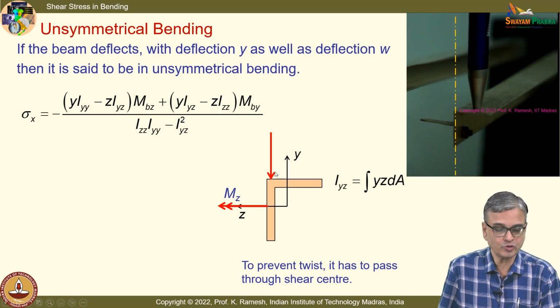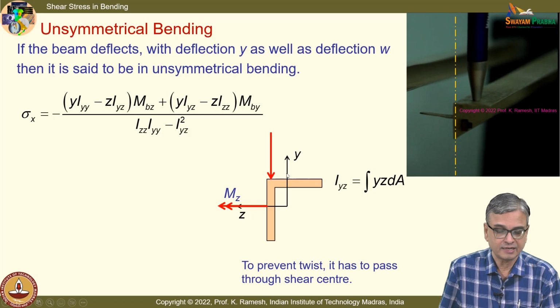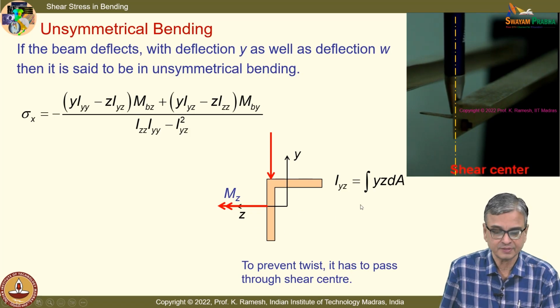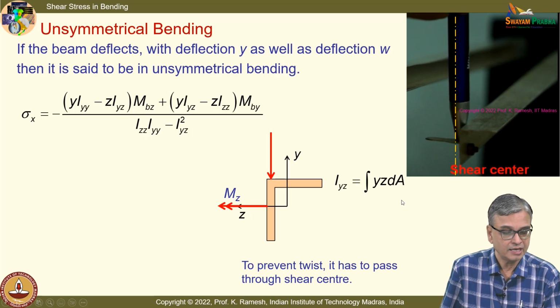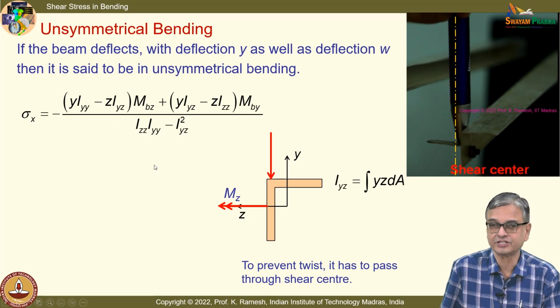And once you go to an unsymmetrical cross section, I will have Iyz non-zero, and that will figure in the equations.